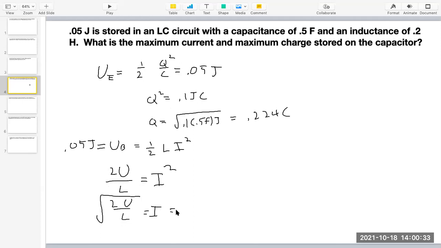And for this, I got 0.707, or root 2 over 2, or 1 over root 2. Questions on how this one goes?